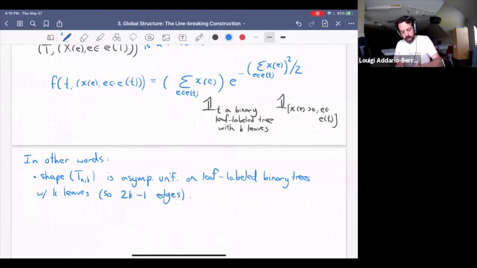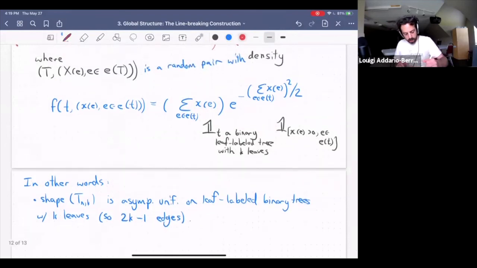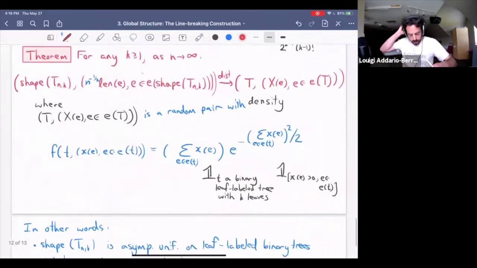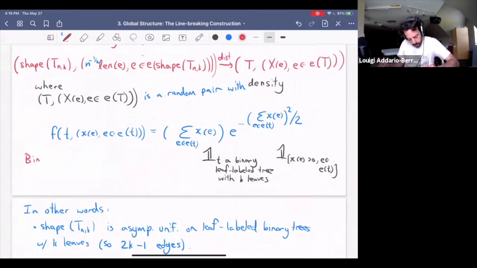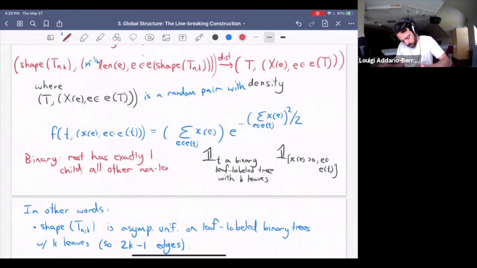So I'm using the term binary tree here to mean that the root has exactly one child and all other non-leaf nodes have exactly 2 children.